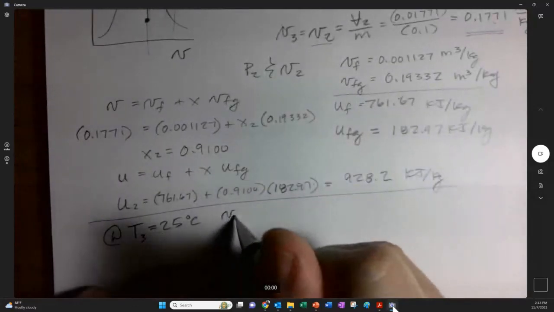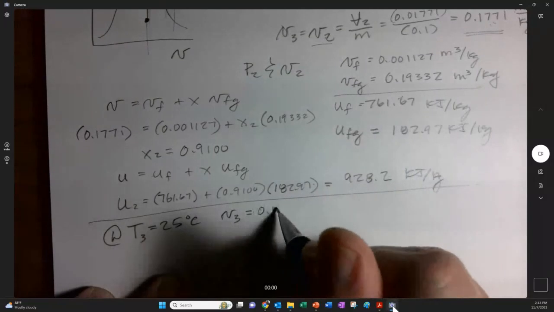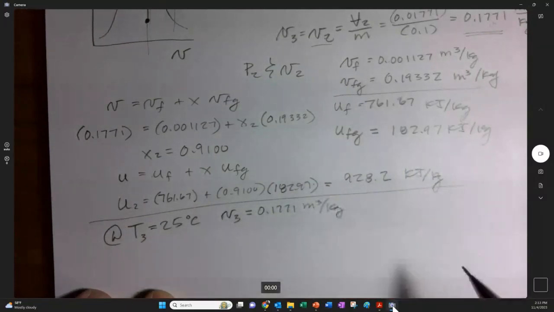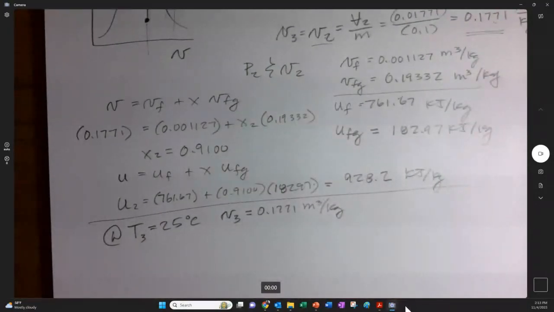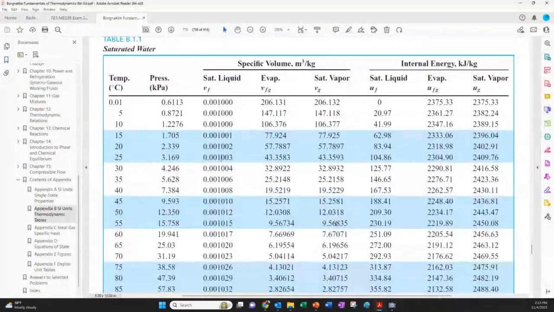So we have V3 equal to 0.1771 cubic meters per kilogram. And now, so we go to that table, we will find these values right here. So VF is equal to 0.001003 cubic meters per kilogram.